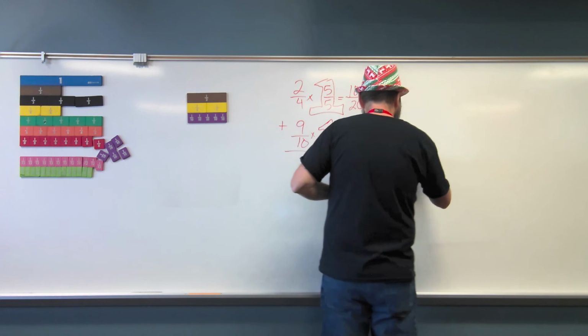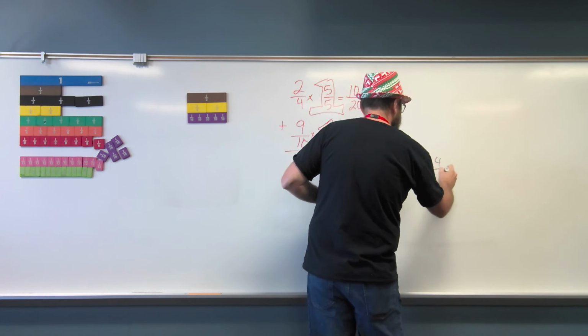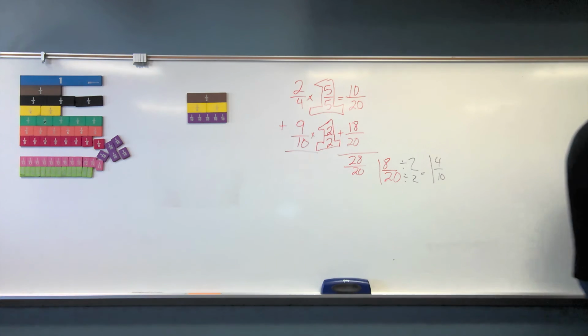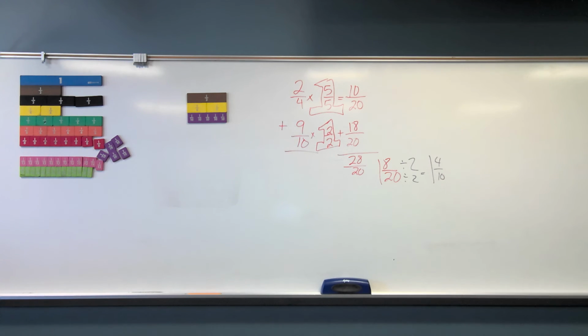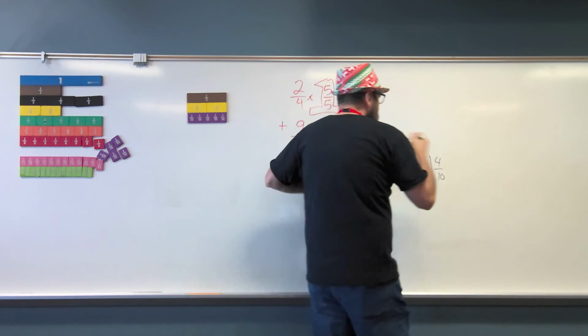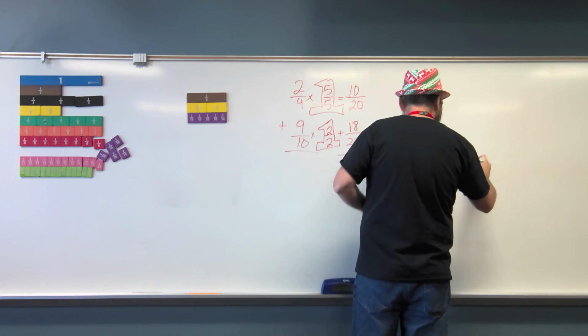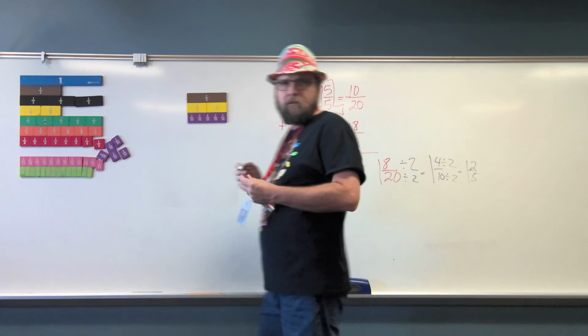So we could divide these both by 2, and I would get 1 and 4/10. But wait, there's more. Grayson, is there a number that divides evenly into 4 and 10? 2. So I can divide this by 2 again, and I would get 1 and 2/5.